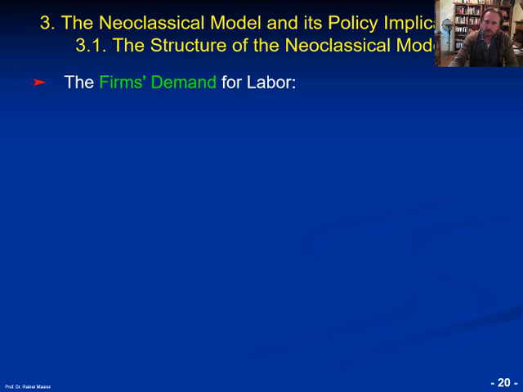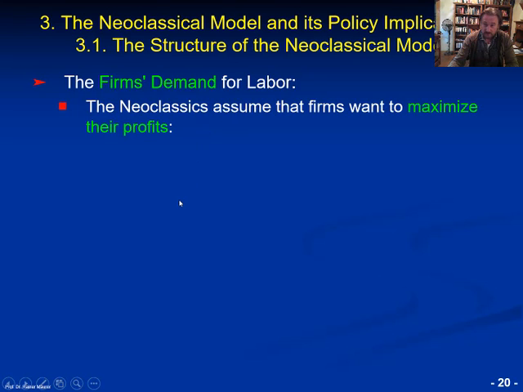How is labor input determined on the labor market? Firms appear on the labor market on the demand side. The neoclassics assume that firms want to maximize their profits.